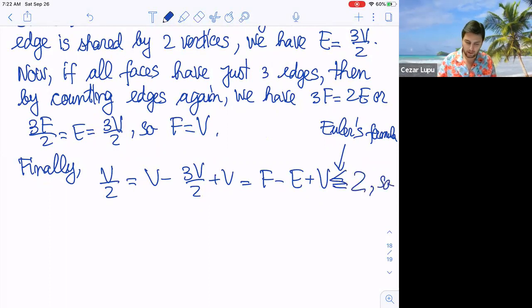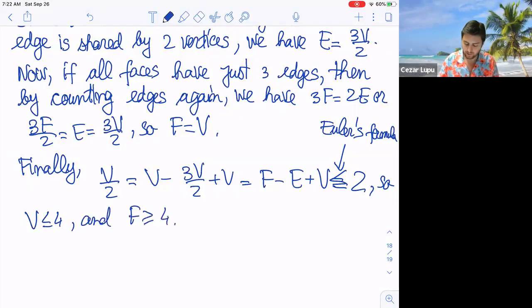So v will be less than 4, and f will be greater than or equal to 4, and we're done.